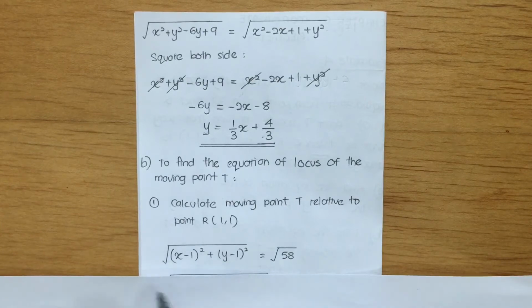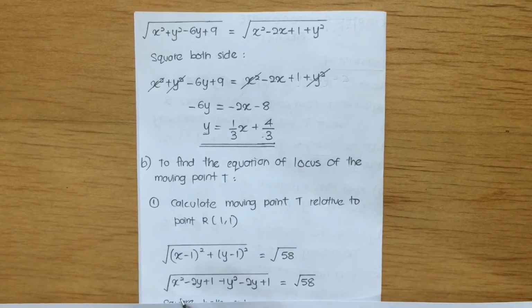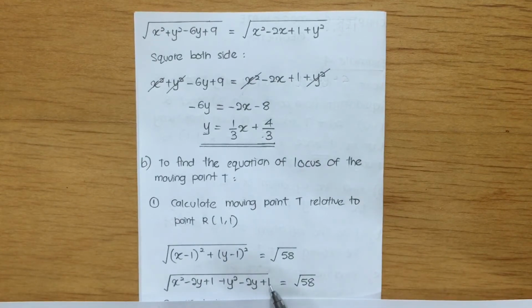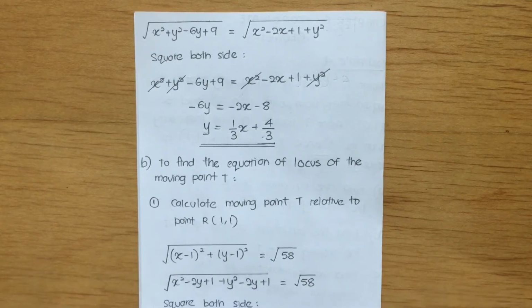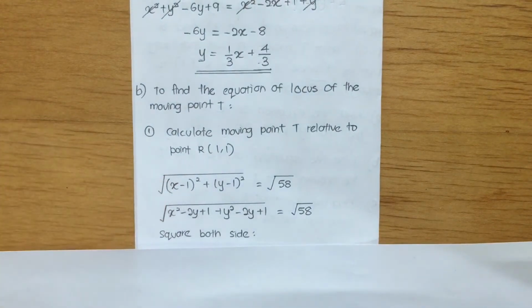So you expand the bracket and you should get x² − 2x + 1 + y² − 2y + 1 equals the square root of 58. This side also has a square root, this side also has a square root. So for the next step, you can square both sides in order to eliminate the square root.